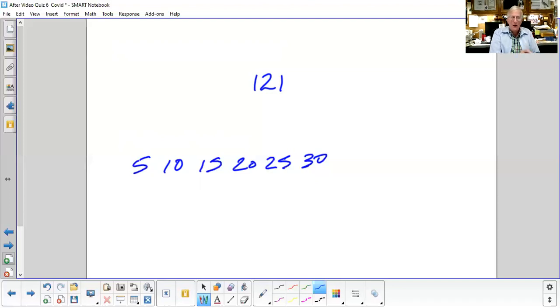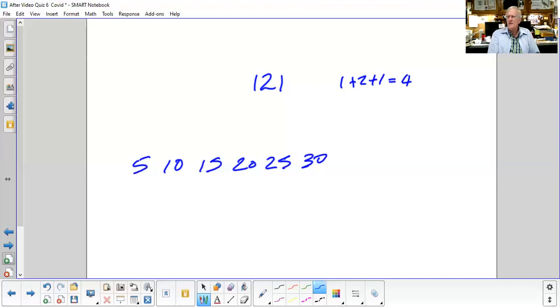If you add 1 plus 2 plus 1 together, you get 4. Now, if 4 is divisible by 3 evenly, so is 121. Can you divide 3 evenly into 4? No, you cannot. So therefore, 121 is not divisible evenly by 3.